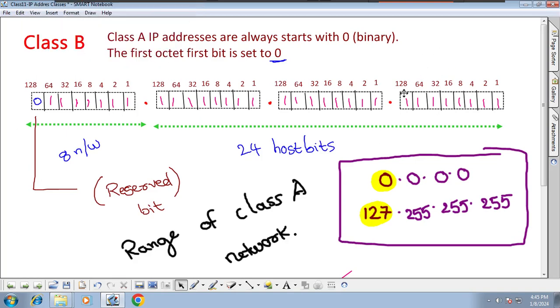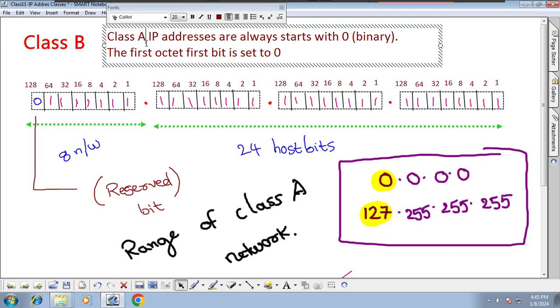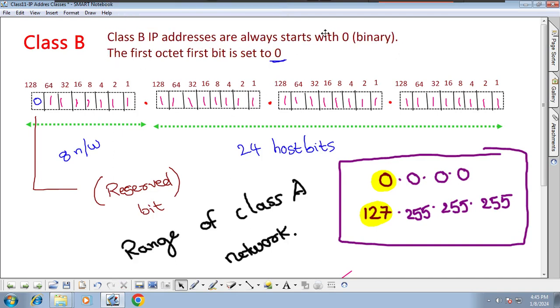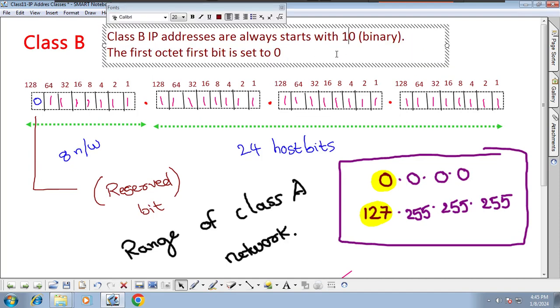In class B, there is a thumb rule. Class B IP addresses always start with 10.